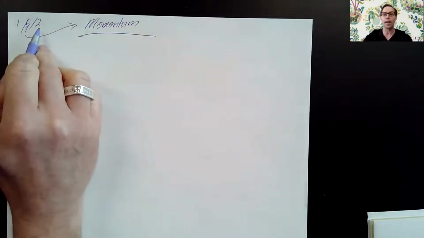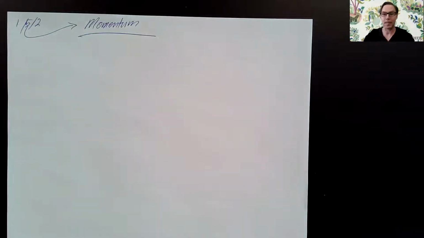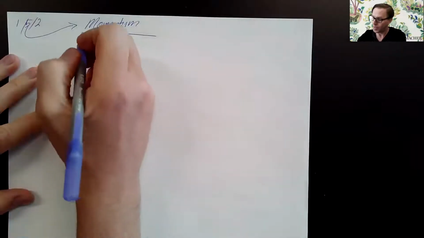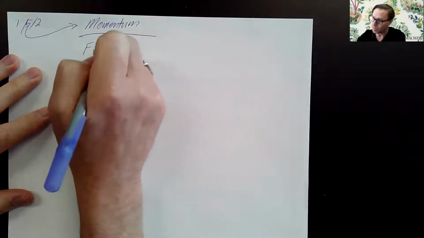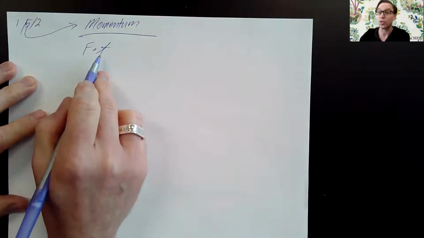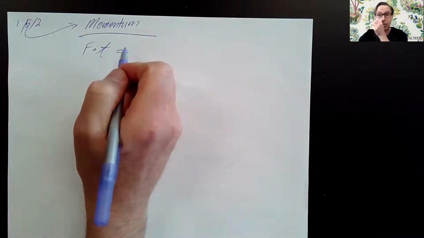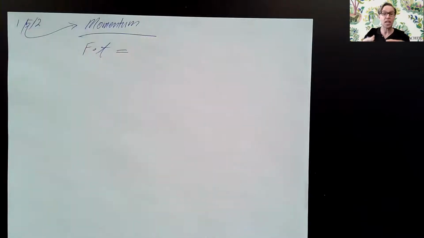In Lesson 1, we did some algebra and we derived what momentum is. So we derived the impulse-momentum theorem. We said force times time, the product of the strength of the force and the duration of the force, is equal to the change in this product mv.